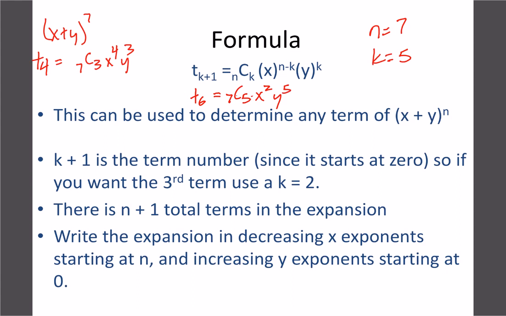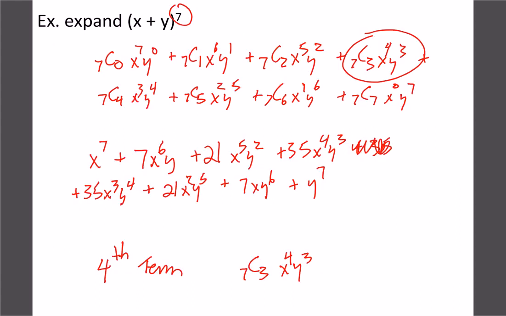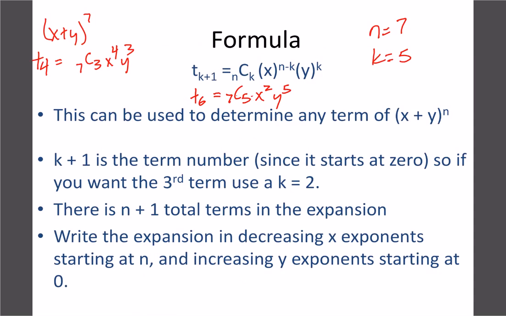That should be our sixth term. If we go back to the other page, our sixth term is 7c5, x squared, y to the 5th, which is exactly what we got. So it does work. You just have to remember to change your k to be one less than what you want. If you want the sixth term, you have a k of 5. If you want the fourth term, your k is 3, and so on.